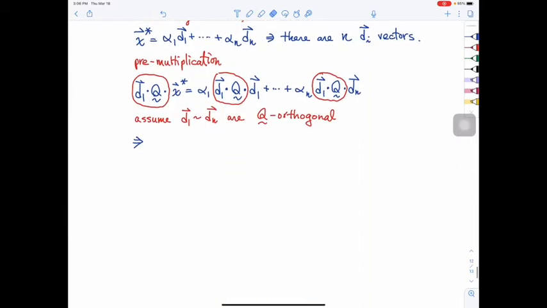In this case, we said d1 to dn are Q orthogonal. Then the above equation will be reduced to d1.q.x star. This is not 0. This one, alpha 1 d1 dot Q dot d1, is not 0. The rest are 0 because they are Q orthogonal. Right? Everyone okay?